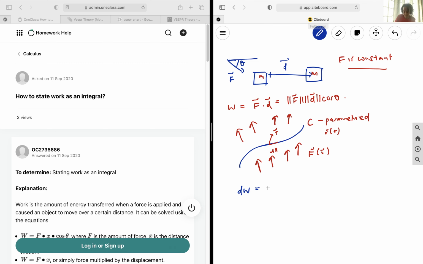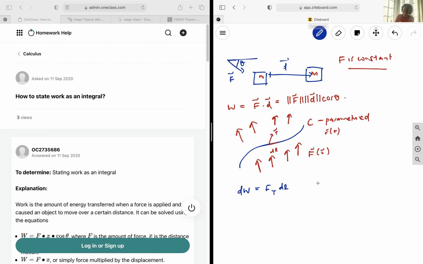In this case, the work done over this very small part is going to be what we've calculated. So the tangential force dotted with dl. So that's just going to be the force dot product with this distance, and that's going to be the tangential force multiplied by dl. And so let's write that out like that.